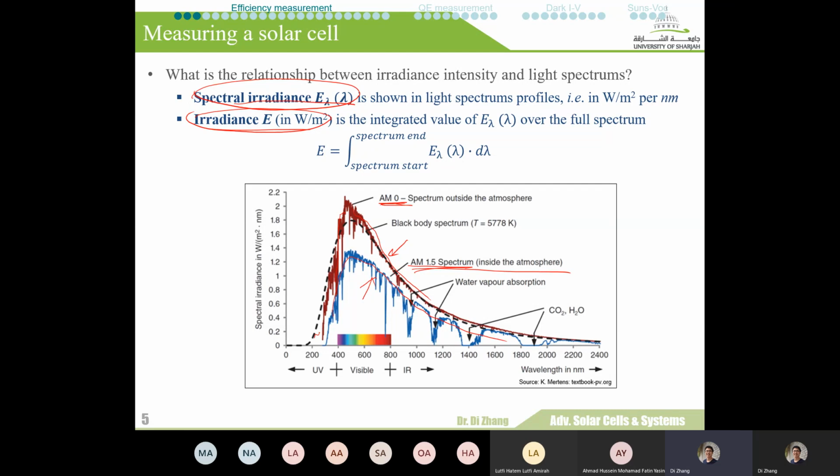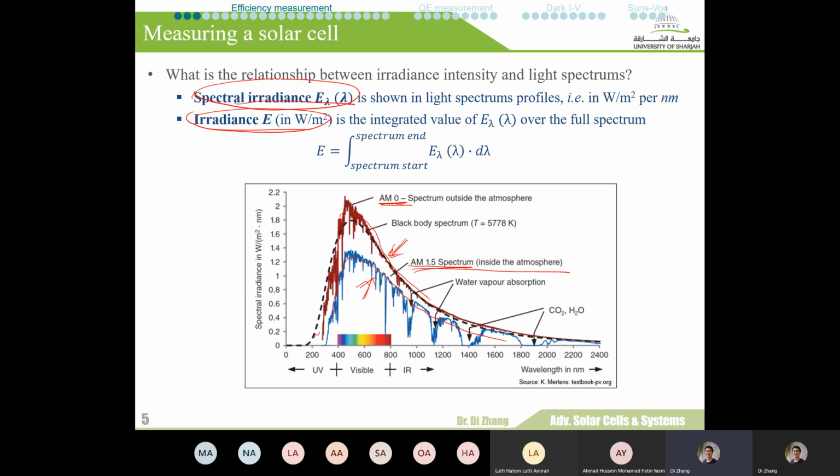The color will be different and the property will be different. If you consider them together with the silicon semiconductor, the performance you get will be different. Even if they somehow have the same irradiance, the same watt per square meter, they will not give you the same performance in a solar cell, simply because they have different wavelength behavior.